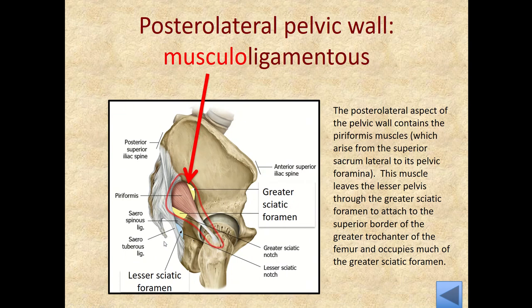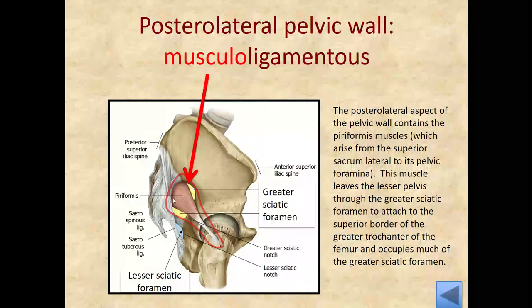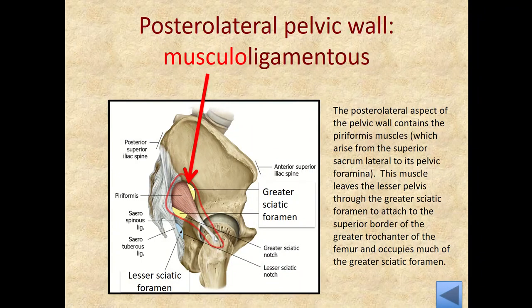Now, if you're looking more posterior laterally than posterior medially, what you'll see is that it's made up of some muscular structures, namely the major structure here is the piriformis muscle. So you can see that the piriformis connects to the sacrum in this wide origination, and then it's going to course outside of the pelvis and come over and insert on the greater trochanter of the femur.